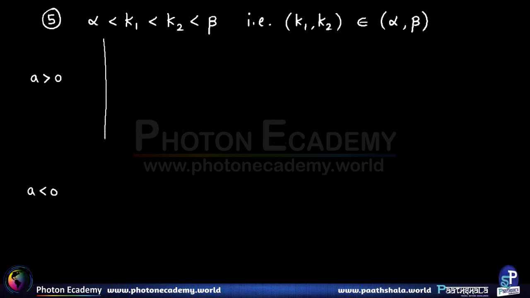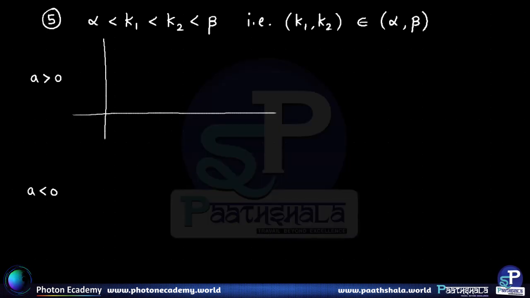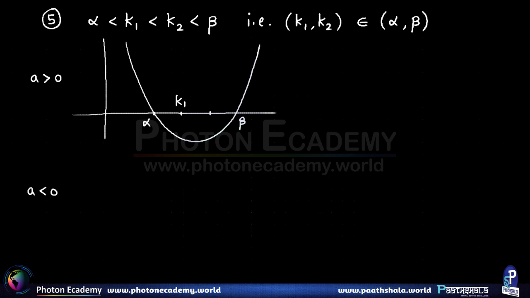When a is positive, we have a vertically opening parabola where we have alpha and beta. Now here we want k1 and k2 to lie between alpha and beta, so let us denote somewhere here is k1 and here k2.